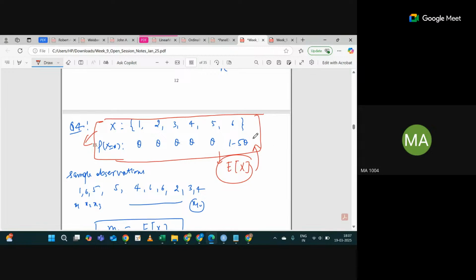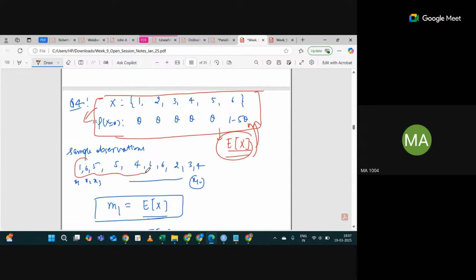Here there is no specific distribution, but you have been given the information that x takes these possible values with the probability associated with each value. I mean, x will take value 1 with probability theta, and 2 with probability theta, and so on. I will calculate the expected value of x from here, and these sample observations have been observed for this scenario. So these are your x's.